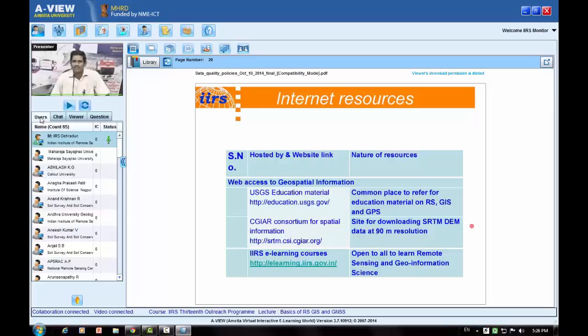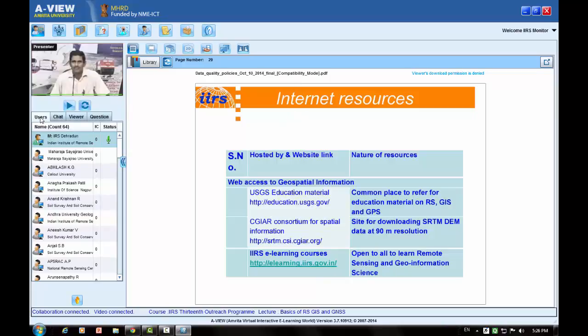It also provides a site for downloading SRTM DEM data at 90-metre resolution. At IIRS, I want to announce that we are going to launch e-learning courses soon, open to all, to learn remote sensing and geoinformation science. One has to register there and then start learning. We are not yet open, but we are about to open soon. So at that time you can start using it.